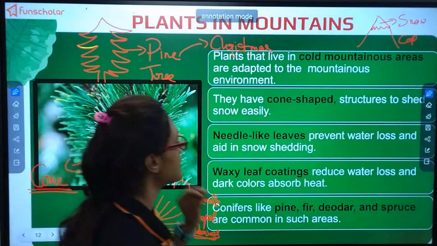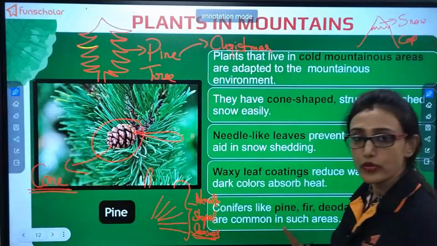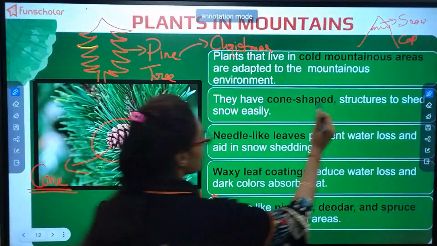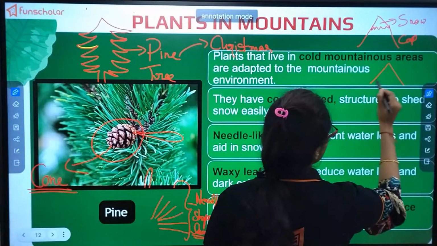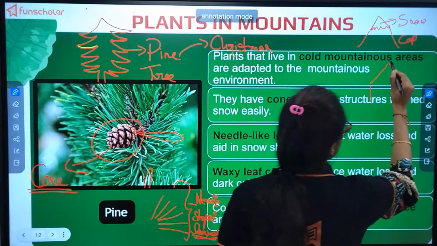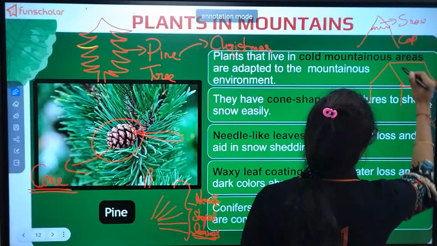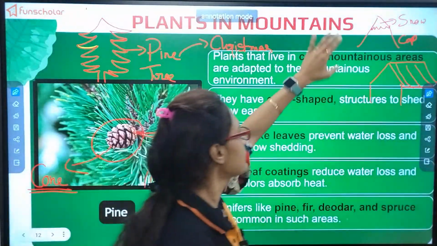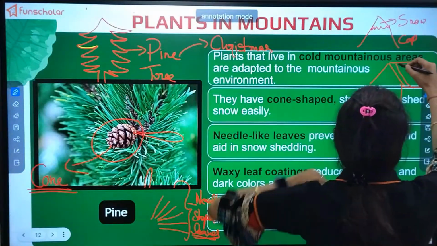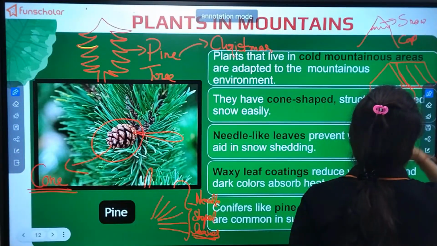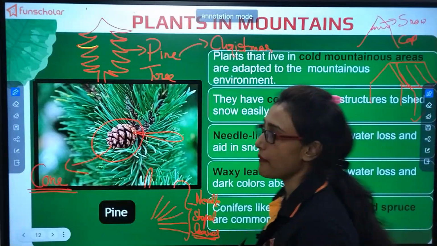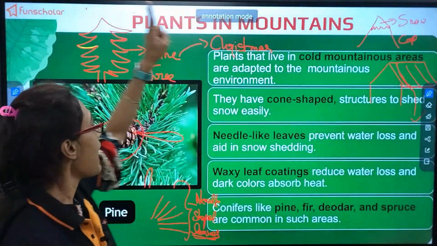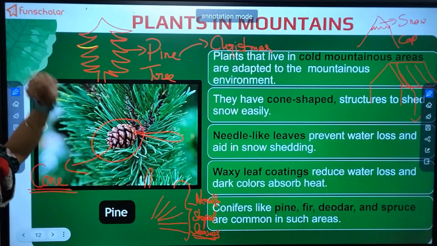Also, you have seen that the houses of the hilly region mostly have a triangular shape, right? They have a sloping roof. Why? So that if snow falls, the snow will automatically shed off without hampering the house. So the same thing is applicable to these trees.